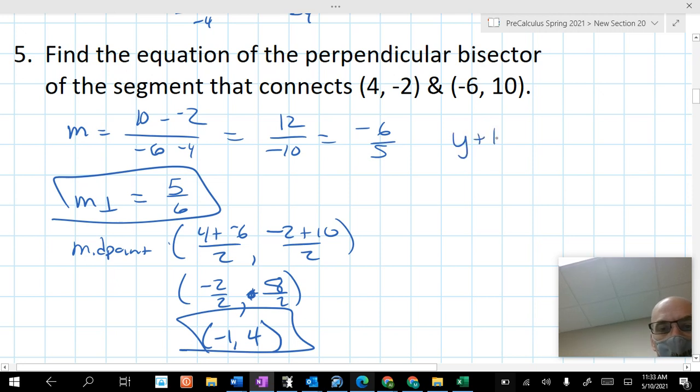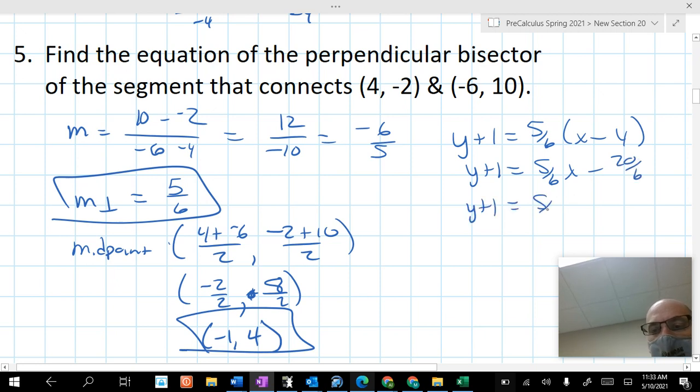Y minus y1 equals my slope times x minus x1. So y plus 1 equals 5/6 times (x minus 2/6). So y plus 1 equals 5/6 x plus 10/3. Subtract 1. Subtract 1. 1 is 3/3. So y equals 5/6 x plus 7/3. 5/6 x.